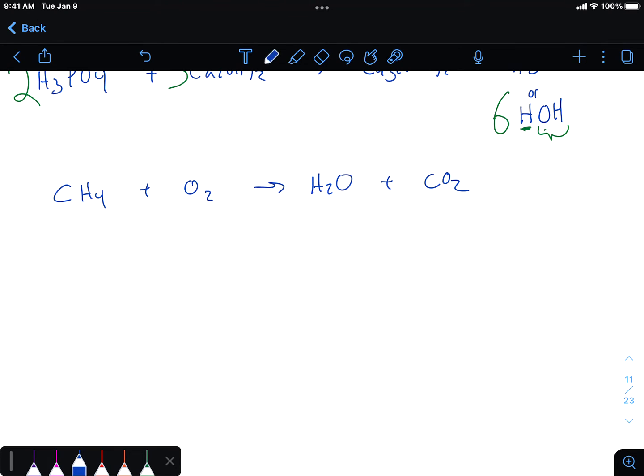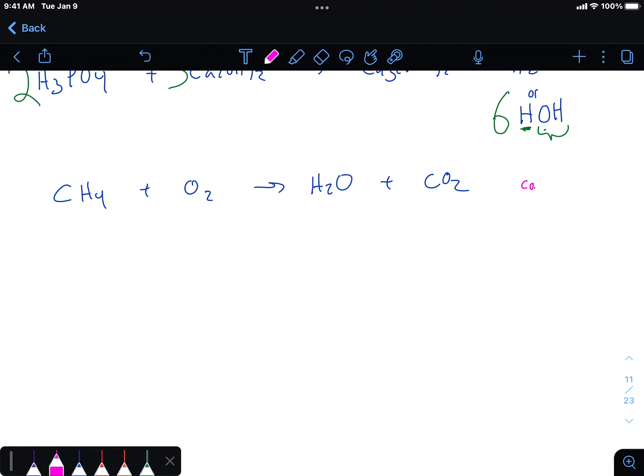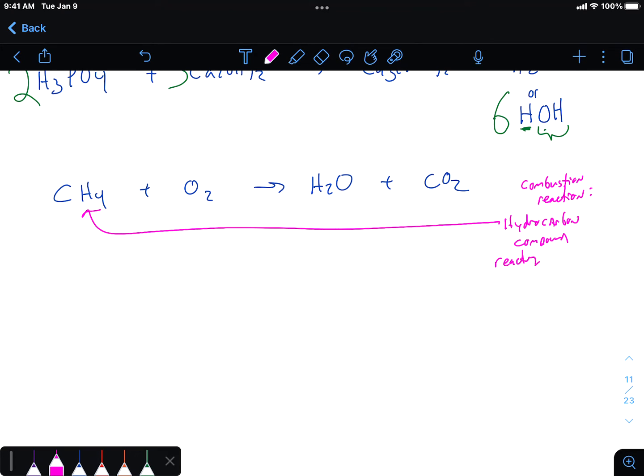This is actually what we call a combustion. And we'll talk more about what combustion is later, but this is a combustion reaction. And the way that you can tell a combustion reaction is that you have a hydrocarbon compound, which is this guy, reacting with oxygen.